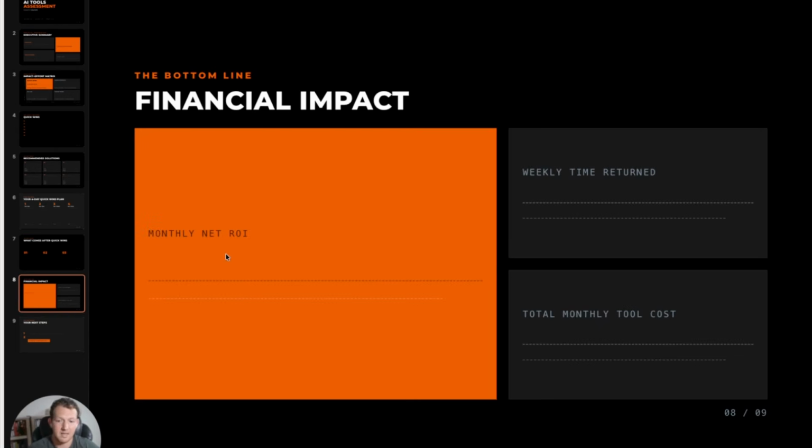So you're basically able to say to them, look, you paid me $999 for this assessment, which is what you should be charging. For $999, you're getting back $1,950 per month, every month, from just implementing these simple tools. That is the ROI. That's the pitch on the financial impact slide.